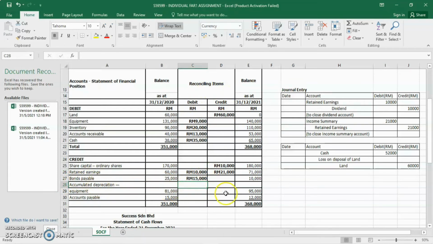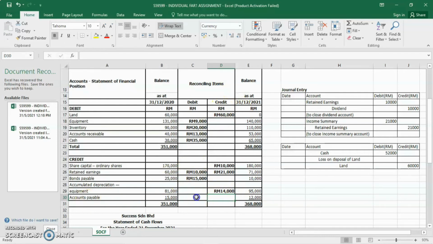Accumulated depreciation equipment, 95,000 minus 81,000 and get 14,000. We put it in credit column because accumulated depreciation is credit balance. When accumulated depreciation equipment increase, we should credit.